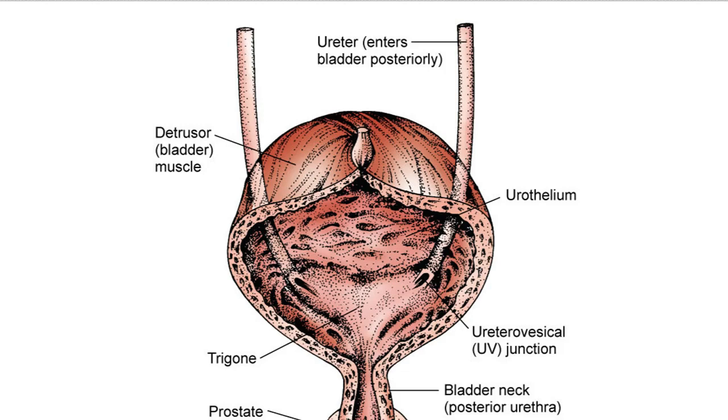This is just a gross anatomy of the urinary bladder, okay? And the urethra. This is a male patient because right now you can see we have a prostate there. This can later on give problems to the urinary system if the prostate enlarges and causes obstruction of urinary flow.